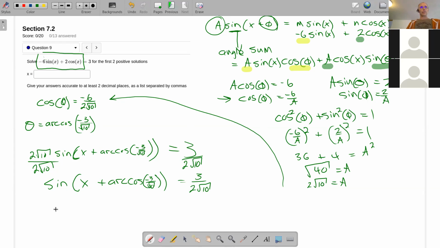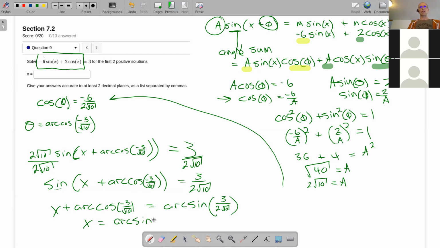Arc sine gets rid of the sine, so x plus the arc cosine equals the arc sine, or sine inverse if you like, of 3 over twice square root of 10. And I don't think it's worth rationalizing the denominator here. And then we can subtract that arc cosine over, so we get one answer. We have the arc sine minus the arc cosine.